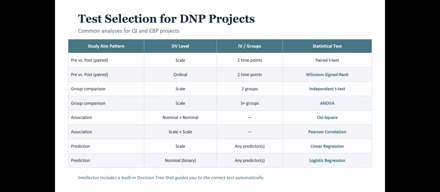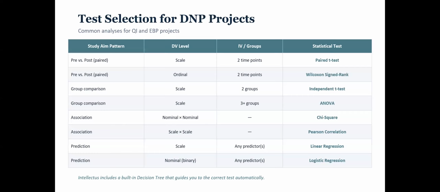Okay, quick cheat sheet. You can take a picture of this with your camera if you think it might be of value. Most DNP projects have a scale variable at 2 time points, first row. We're doing a paired sample t-test. I don't know what article I read, and I'm sure it's a few years old, but it was something like 80% of DNP projects are doing paired sample t-tests, some pre to post intervention.